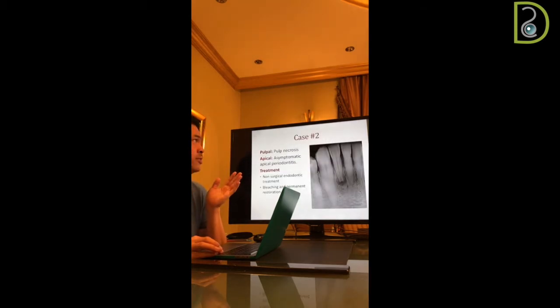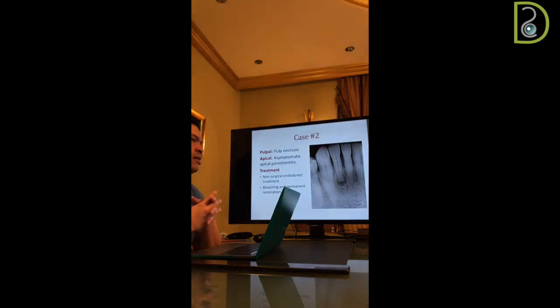Yes, pulp necrosis and asymptomatic apical periodontitis. So it needs non-surgical root canal treatment, and of course bleaching because the tooth is discolored. Then after that maybe a crown, or bleaching may be enough, depending on the discoloration stage.